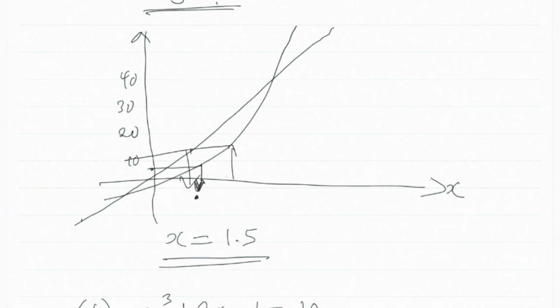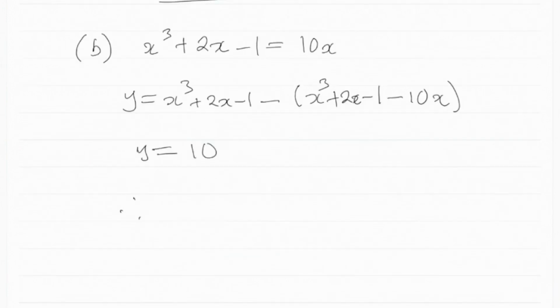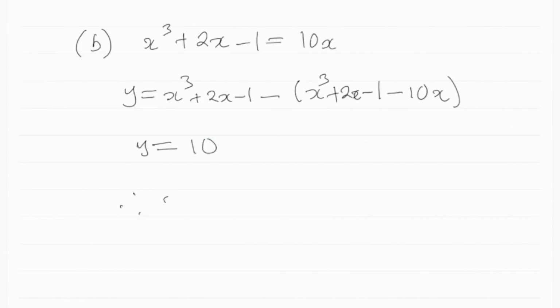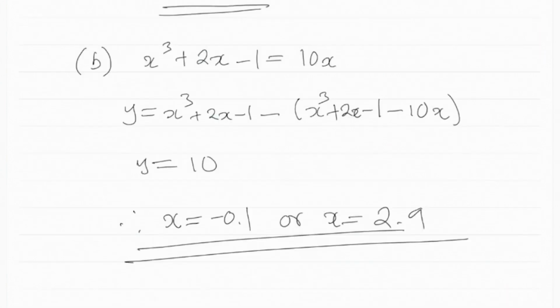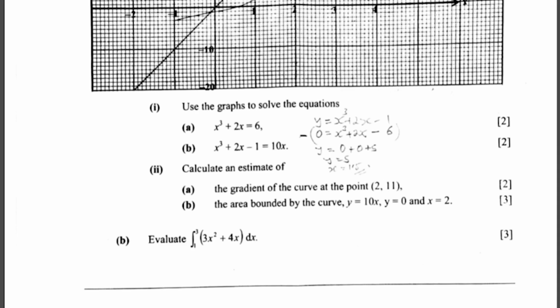When you drop down, you are going to find that the values of x therefore will be negative 0.1 or x equals 2.9. That is what you are expected to work out those solutions on the graph given. Right, we move on to question part 2.